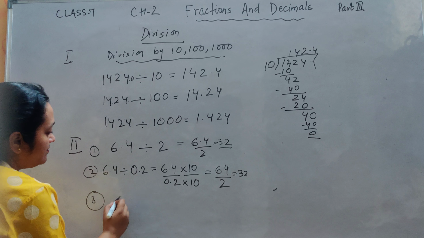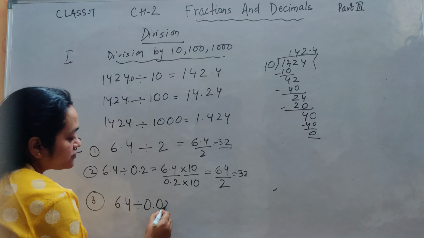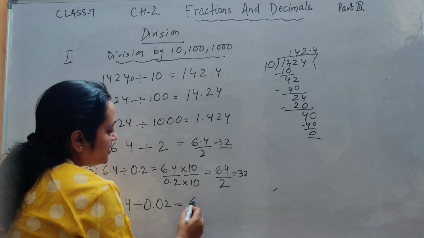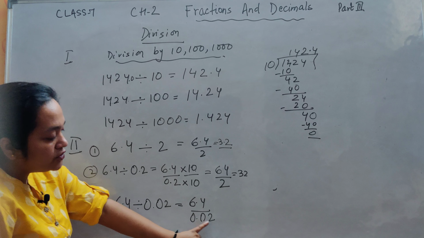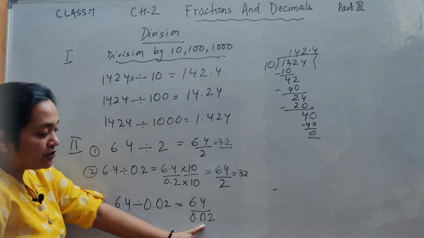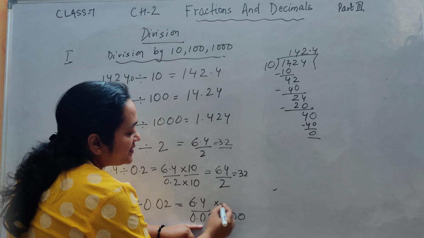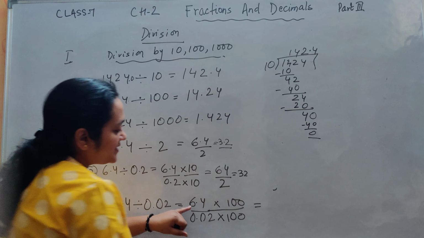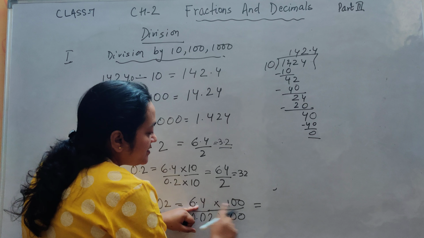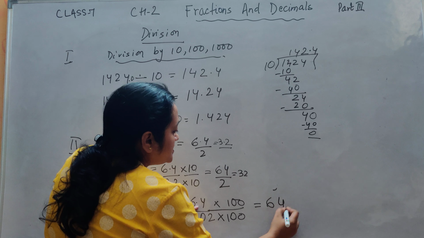Let's take one more problem. What if it is 6.4 divided by 0.02? Again write it in numerator and denominator form. Now here I have two decimal places in the denominator, so we need to multiply with 100 in the denominator and 100 in the numerator. So 6.4 into 100 will become 640, because the decimal will move two places towards the right.